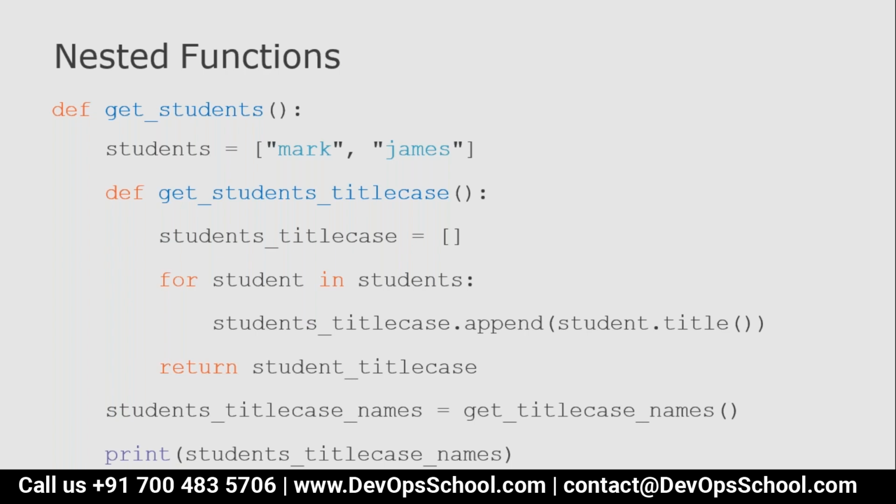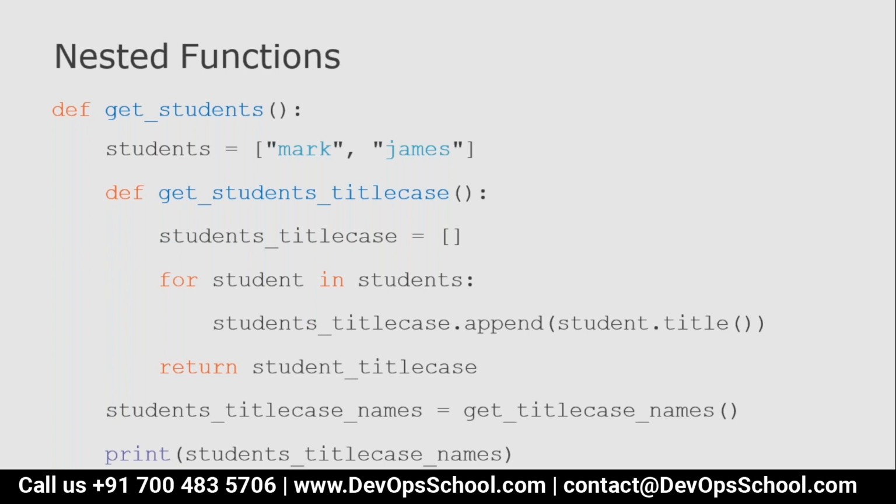So here you see student underscore title case, which is copying itself inside this. And append, you are appending the student title, and return, you are again doing the return. So the first method which you are declaring, you are returning student title case.